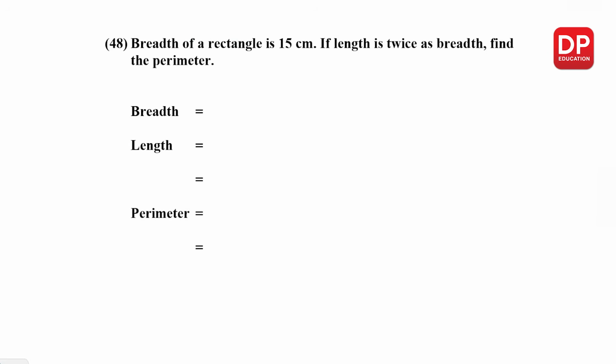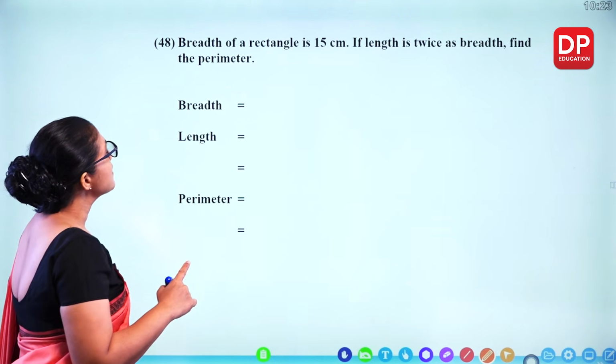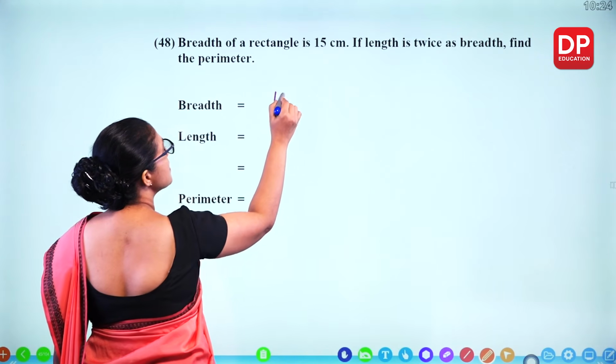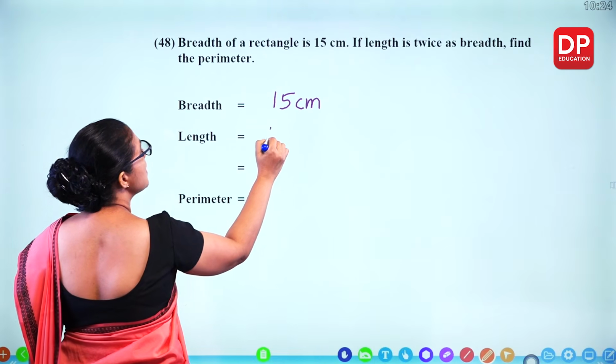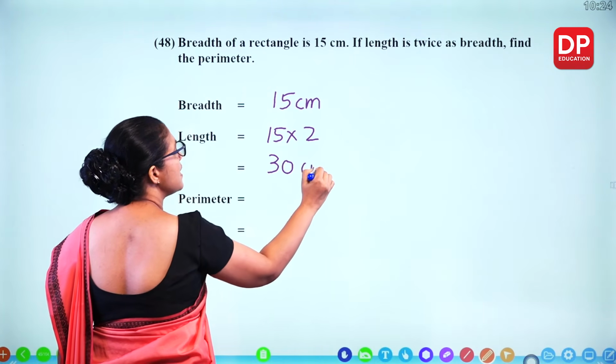Look at this question. Breadth of a rectangle is 15 centimeters. If length is twice the breadth, find the perimeter. So what's the breadth now? Breadth is given, 15 centimeters. Length is twice the breadth. That means 15 times 2, 30 centimeters.